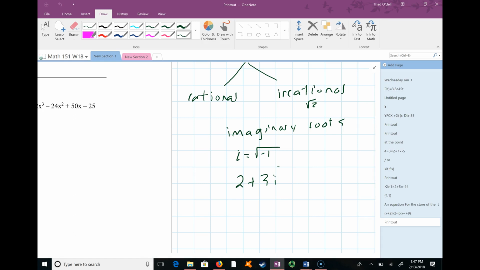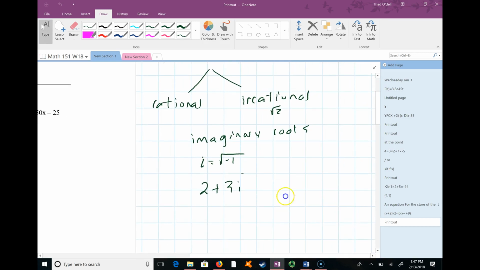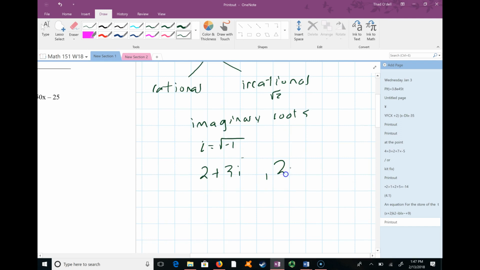The other thing to remember about imaginary roots is they always come in pairs. So if 2 plus 3i is a root, that means that 2 minus 3i is also a root. They always come in pairs, and they're called conjugate pairs. So an imaginary number has a real component, which is this part, and an imaginary component, which is the part with the i. Conjugate pairs have the same real component and the opposite imaginary component.